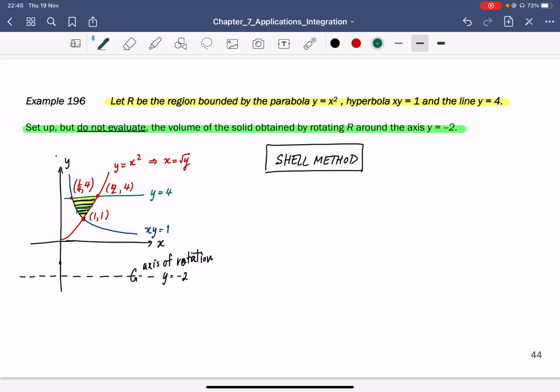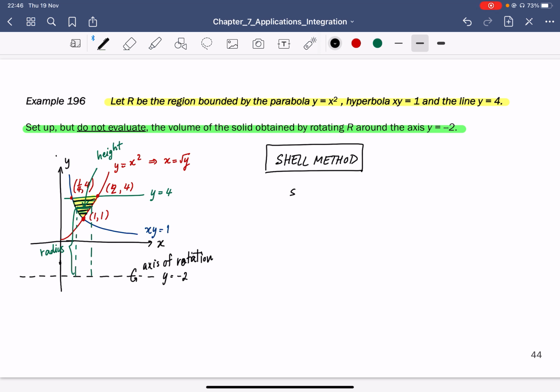So every time you cut, you're going to have a radius R. You can imagine that you have a cylinder like that. This is your cylinder, and that is your radius, and your height is going to be this thing.